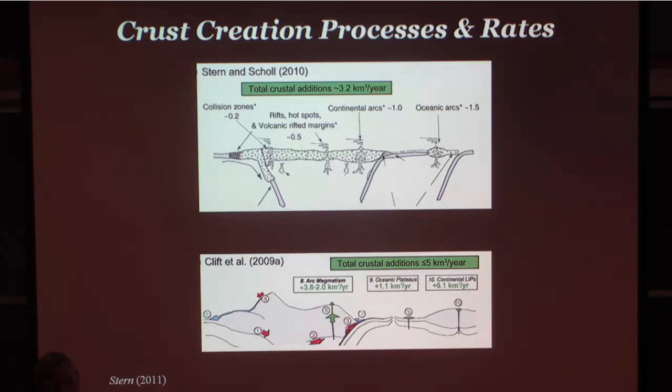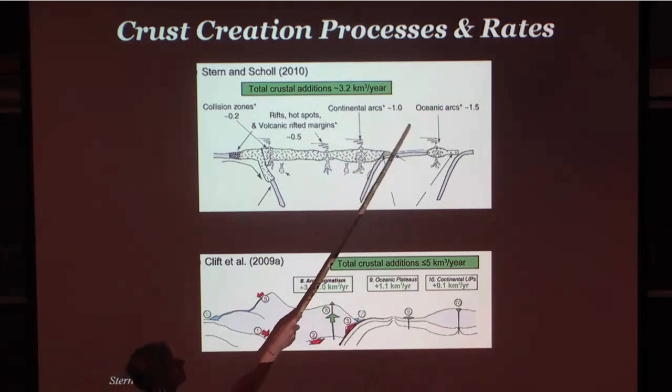So what do people think about the processes that create continental crust and how fast those processes operate? Here's a couple of recent studies. Here's one by Bob Stern and Dave Scholl, and this one's by Peter Clift and others. And in both of these cases, they think that arc magmatism is the dominant creator of what eventually becomes continental crust.